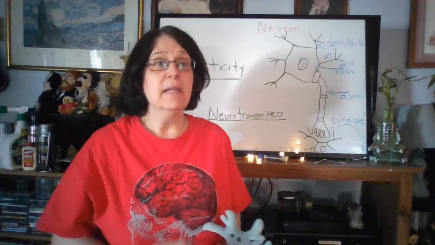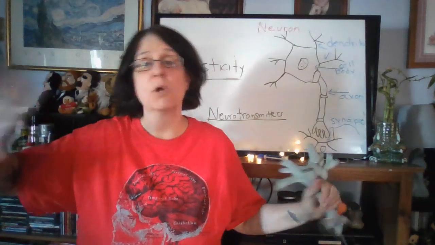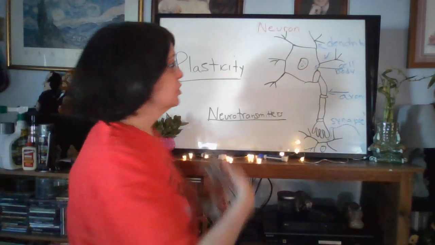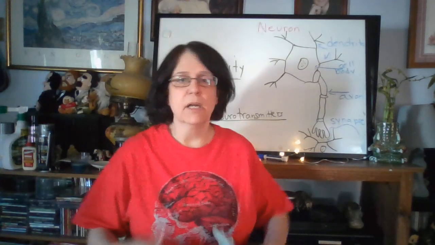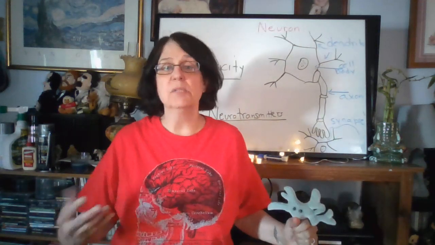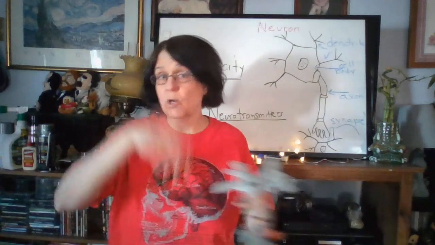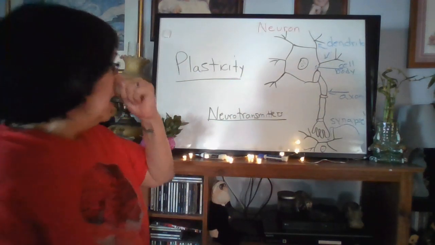And then that neuron will send the message to the next one. It's all or nothing. It's what we call an action potential. If this neuron gets enough message, it will send it. It doesn't halfway send it. It either does or it doesn't. How we get intensity of responses is by how fast those messages are going and also by how many neurons are being activated.